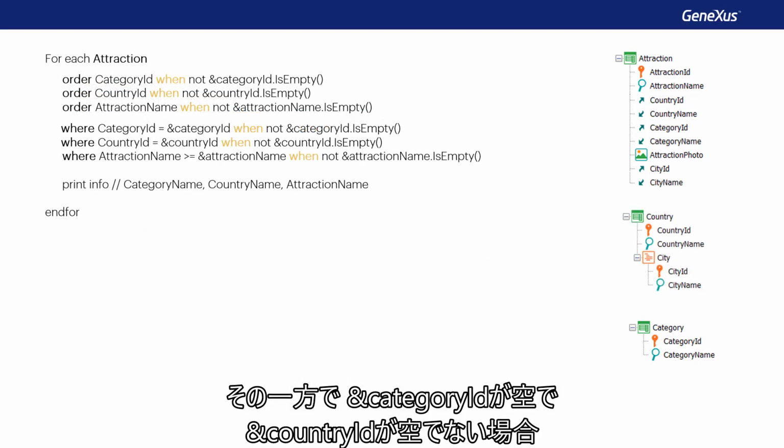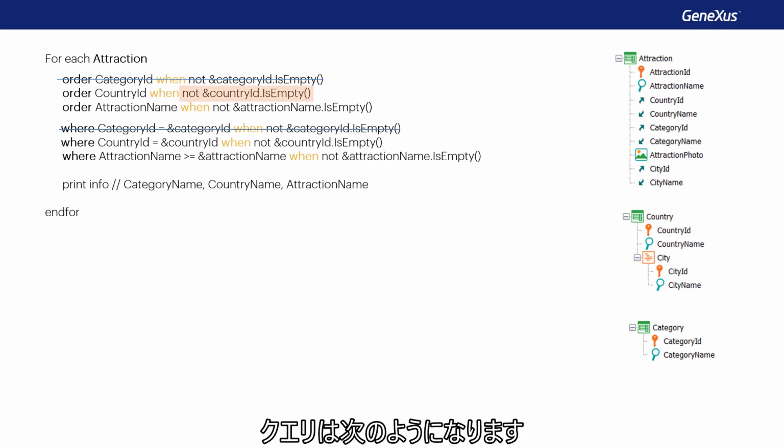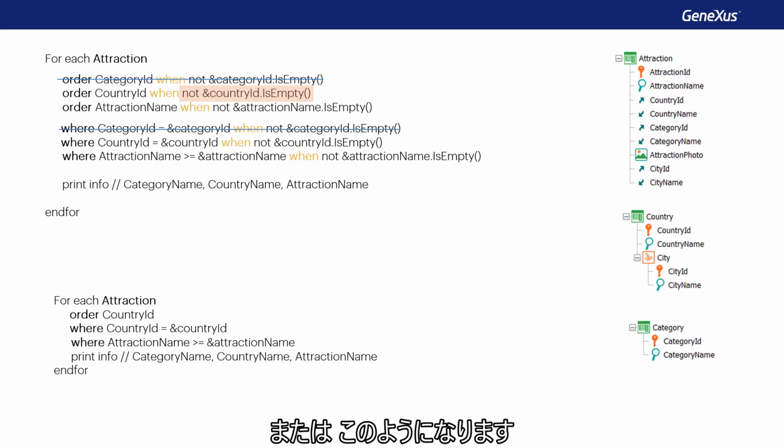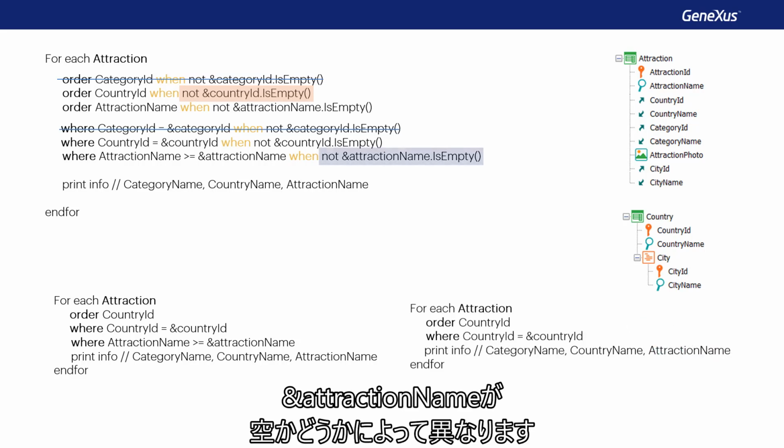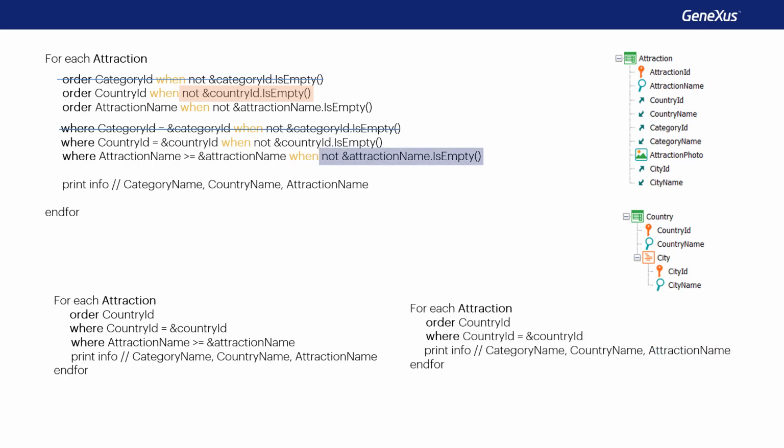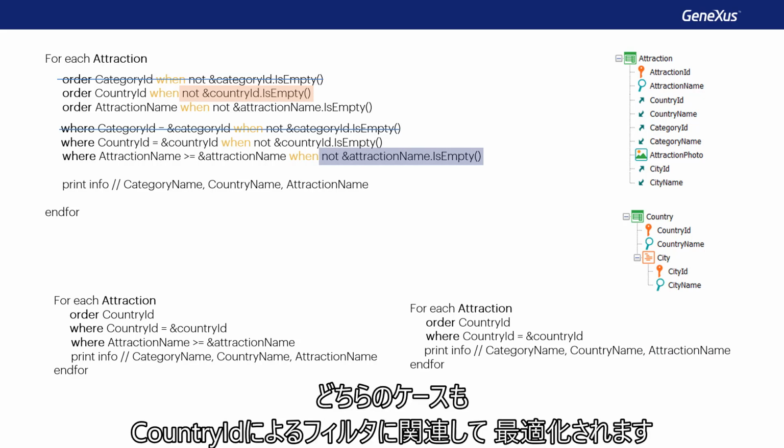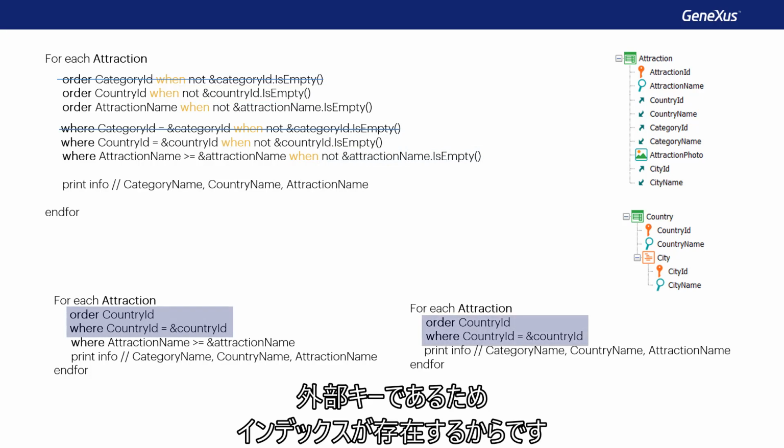On the other hand, if category ID is empty, then if country ID is not, the query will look like this, or like that, depending on whether attraction name is empty or not. In either case, it'll be optimized in relation to the filter by country ID, since it has an index because it's a foreign key.